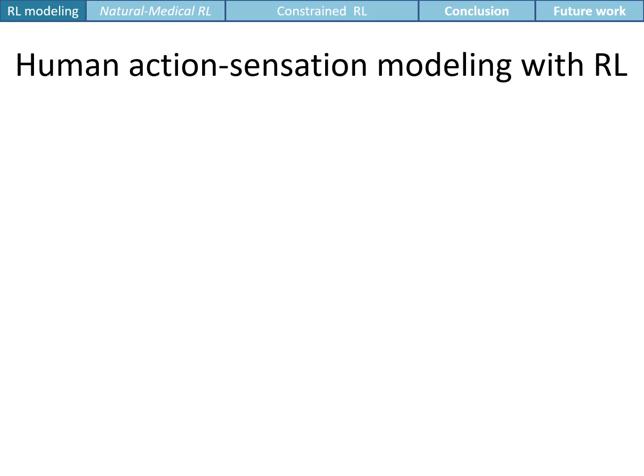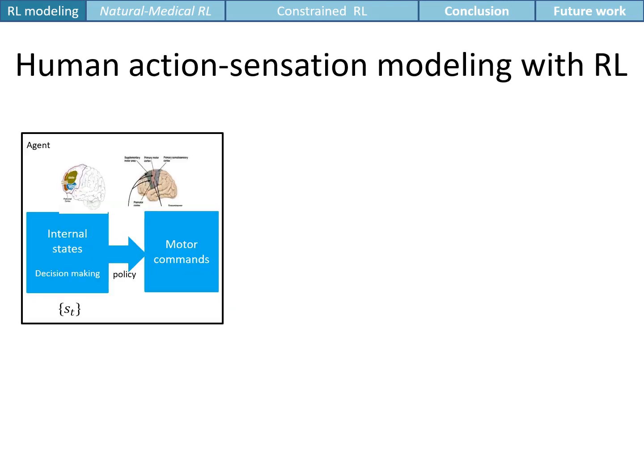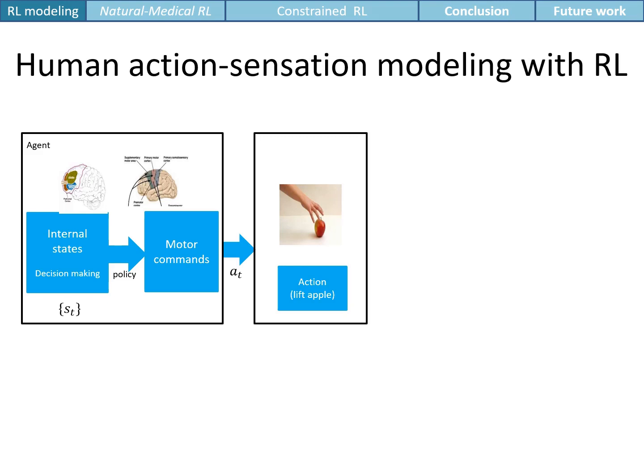Here we describe an example for the natural agent, in the same example from before of eating the apple. We see that in the brain we have a representation for internal states, and then we decide, using decision making in the brain using a policy, which motor command we shall utilize to get our task of eating the apple.